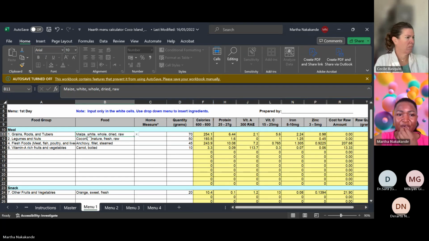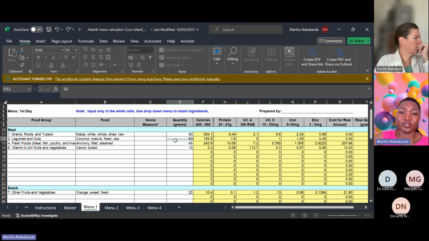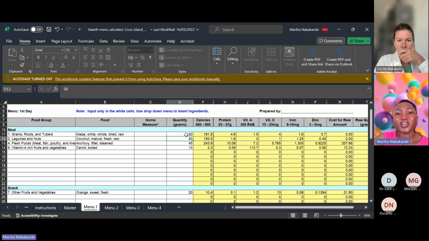Okay, so we said our first is maize and it's white. So how many grams approximately do you think a child would need? Let's say maybe 50 for starters, because this is a calculator. You're supposed to manipulate it until you get to the value that you want. When I put 50 grams, you're not supposed to touch anywhere in these yellow cells.